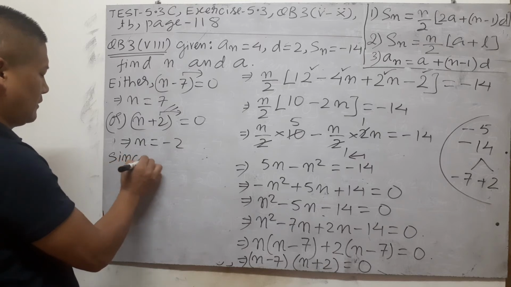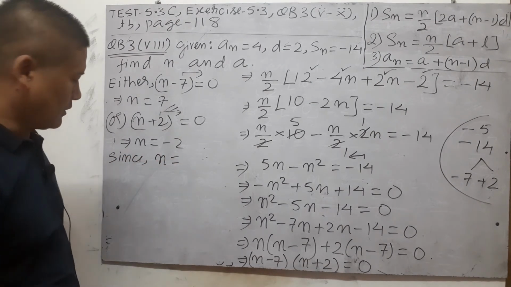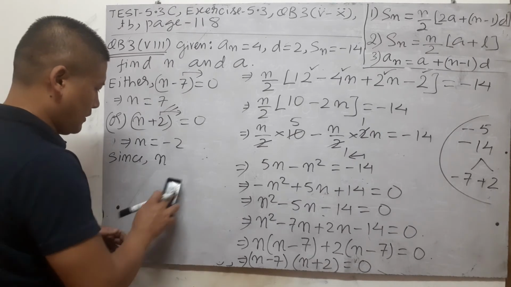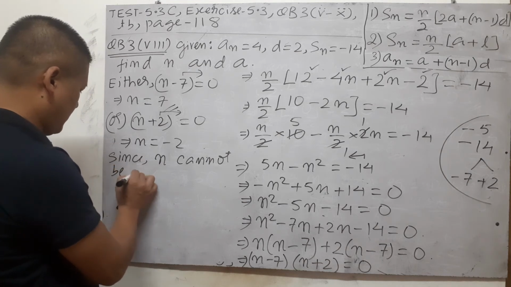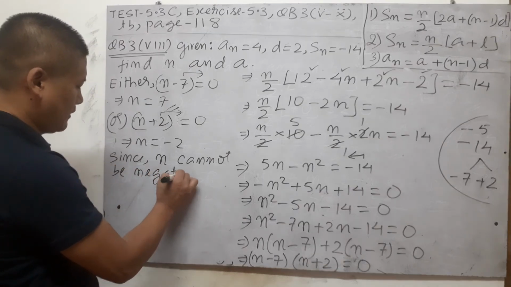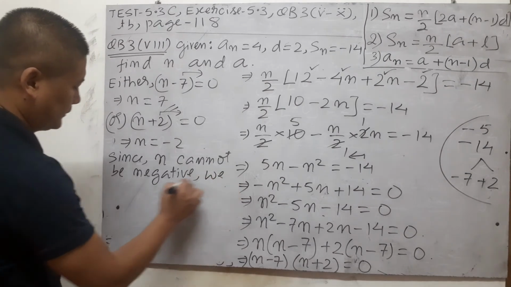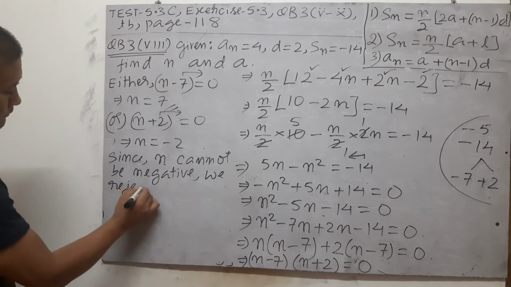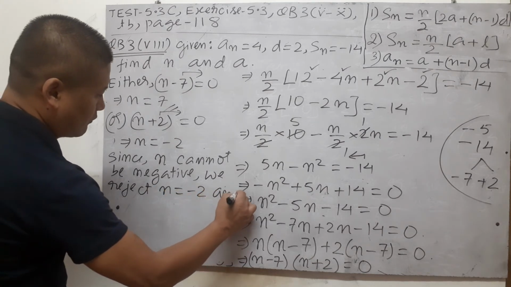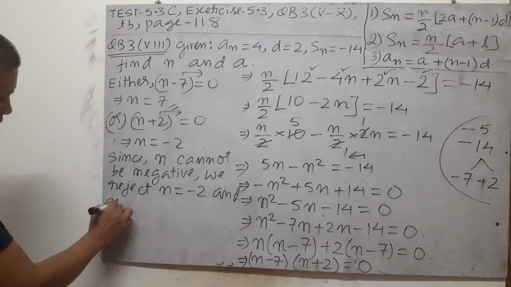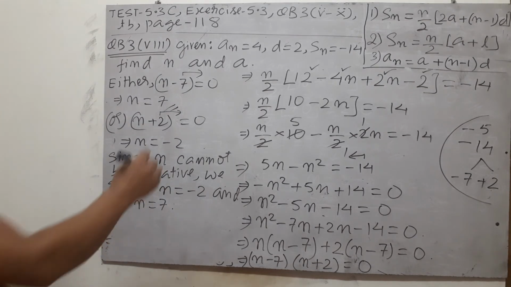But since n is number of terms, we know it cannot be negative, because of that we reject n equal to minus 2, and we get n equal to plus 7. So this is the accepted one. So n is 7.